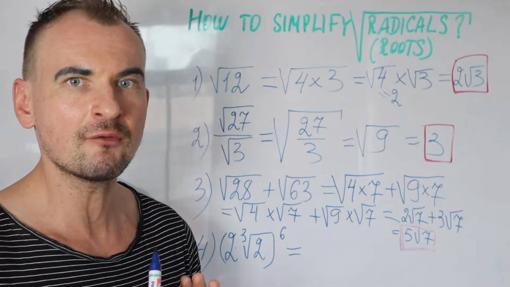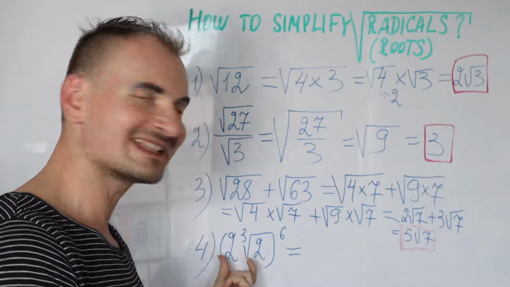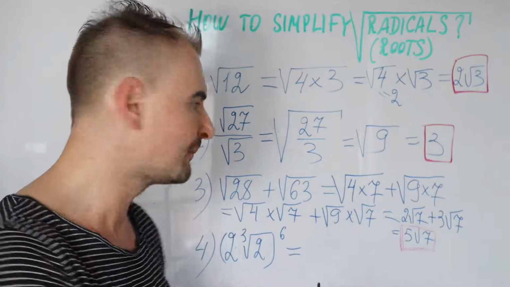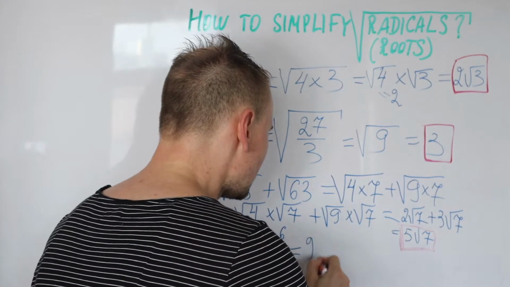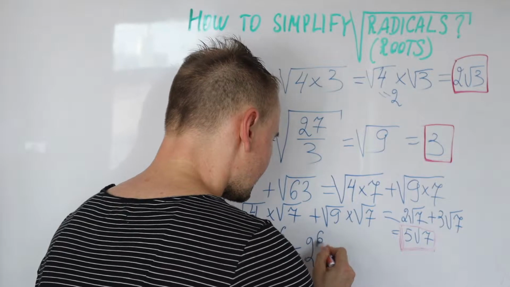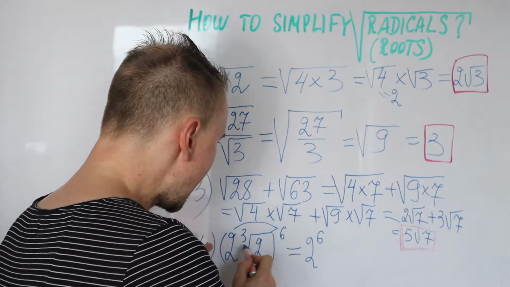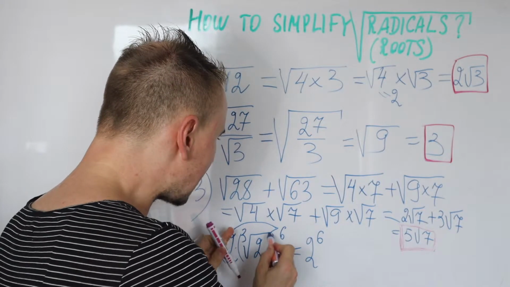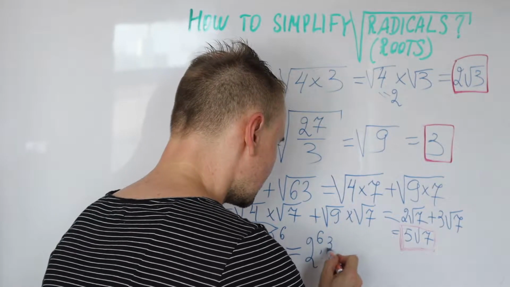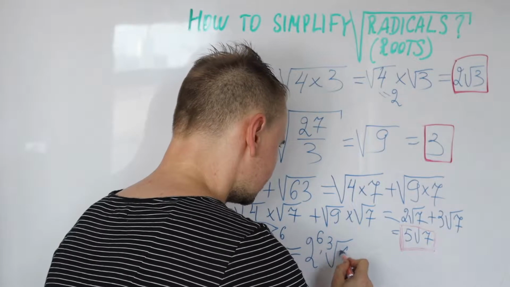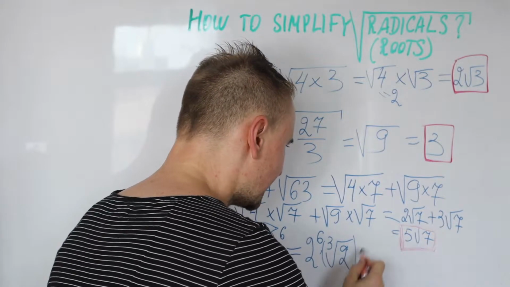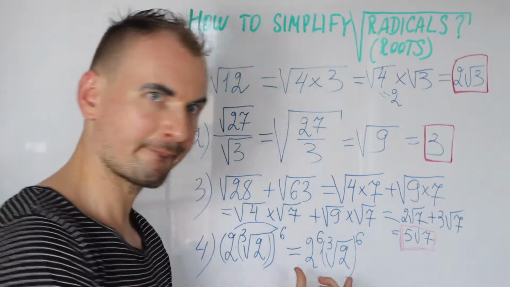Many people forget to raise the 2. This is vitally important. So 2 has to be raised to the power 6, and this whole entire root has to be raised to the 6th power.